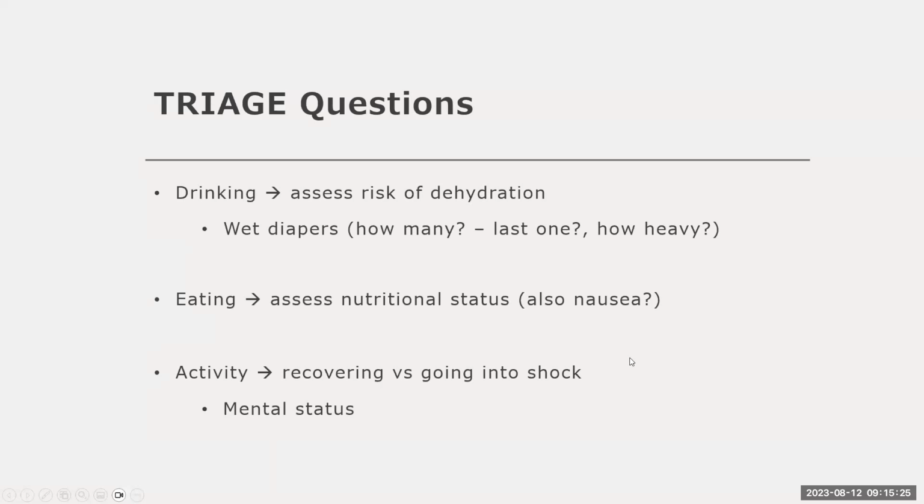All right, and then we'll talk about the triage questions. So this is the part where I decide whether the kid is good enough to stay with parents, to go home, or whether there needs to be an escalation of care.